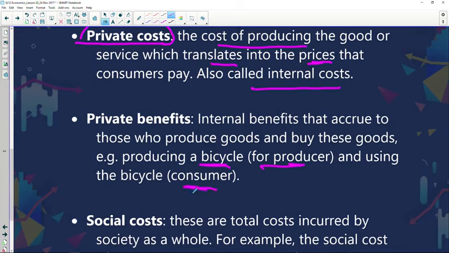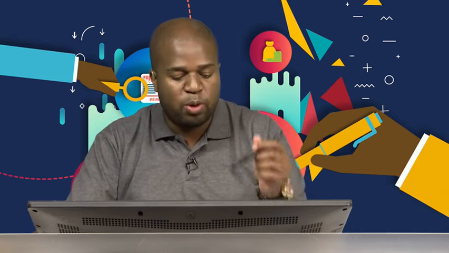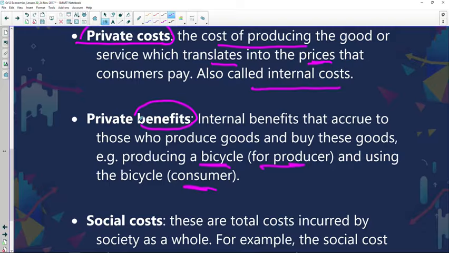So you are looking at the benefits, okay? The producer will benefit from manufacturing the product or providing the service, and then the consumer will benefit from using the service. So we call those private benefits, and they happen between the producer and also the consumer.